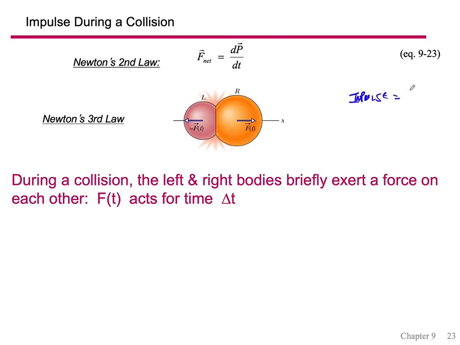Impulse is equal to the change of momentum. Impulse is force times time, which is equal to delta p. We'll actually come up with a new name for that in just a second, a new variable to represent that. But because the force on this object is equal to the force on this object, and because the time of contact is the same for each one of these, both of these objects have the exact same impulse, which means they both undergo the exact same change in momentum. That is always true during any collision.